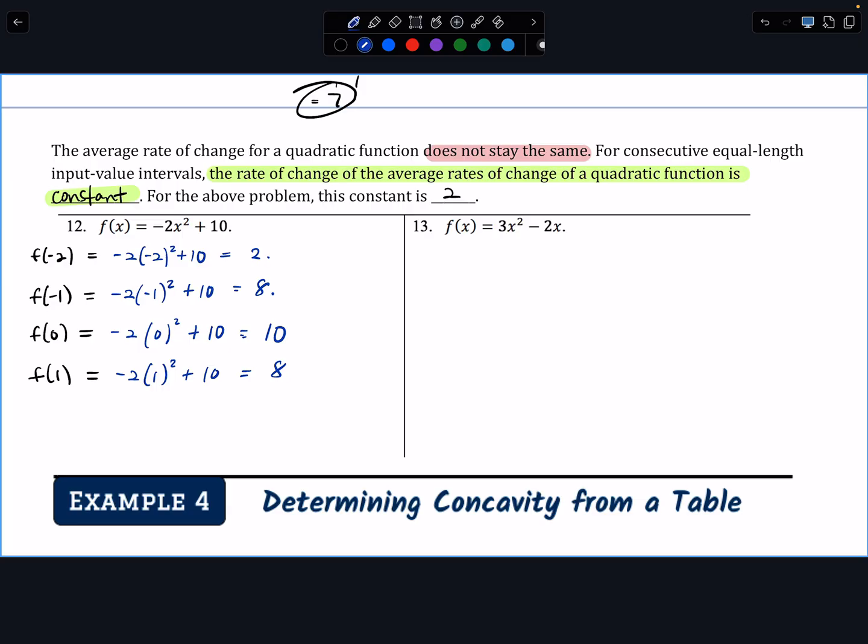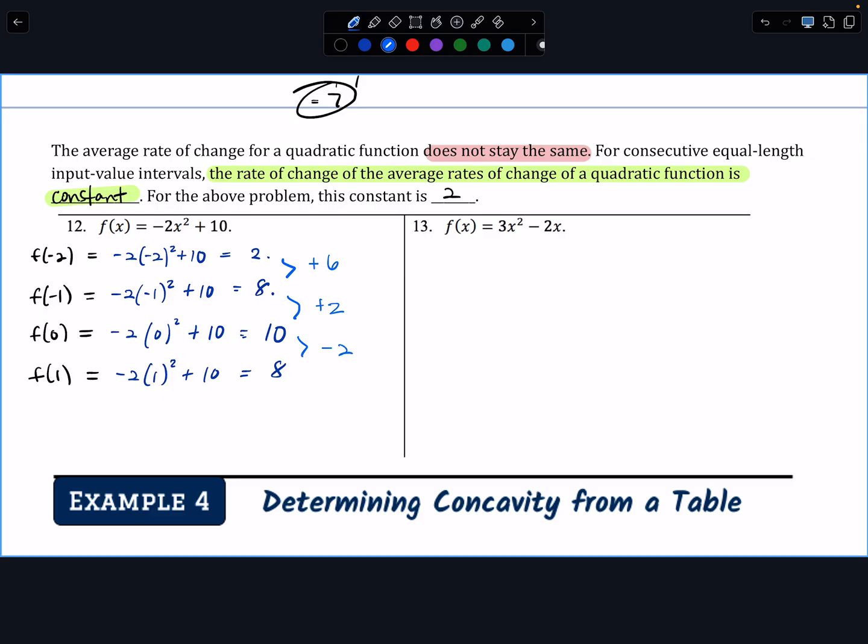Positive 6, right? To go from 2 to 8, do you guys agree it's plus 6? From 8 to 10, what do I add? 2. -2, thank you. You guys scared me.